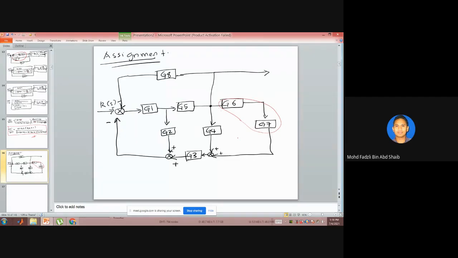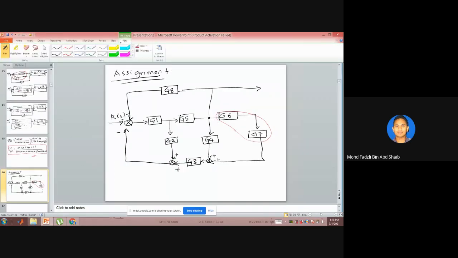This is combined together, everything G4 plus G6 plus G7.